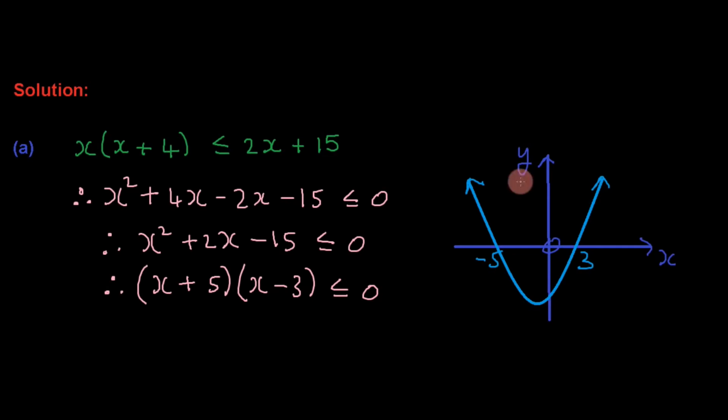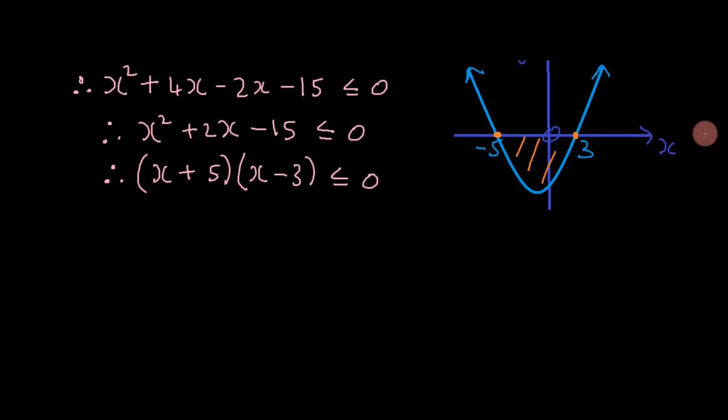So we can see that this parabola cuts the x-axis at negative 5 and 3, so it's 0 at these 2 points, and it's below the x-axis or negative over this region. In other words, for all x's between negative 5 and 3, it's below the x-axis.